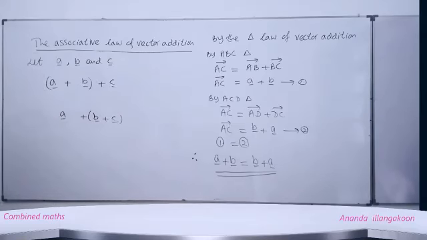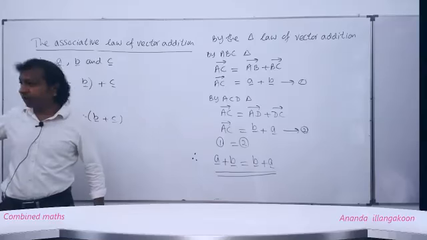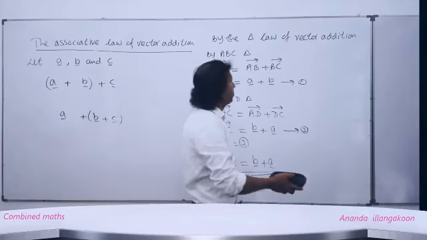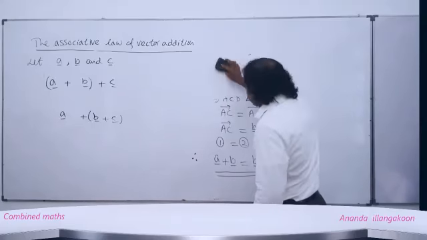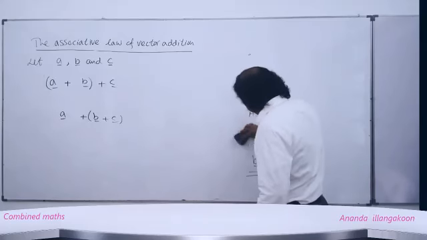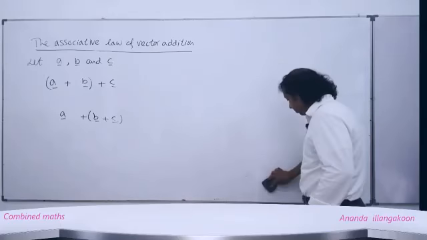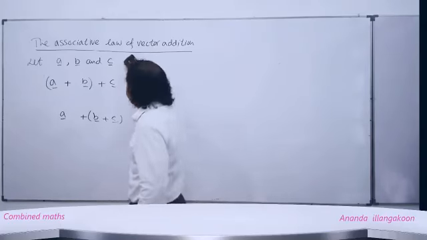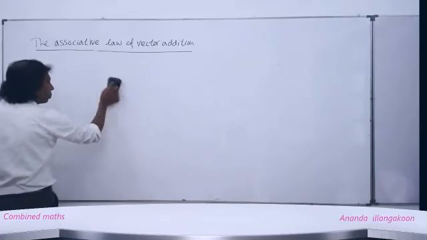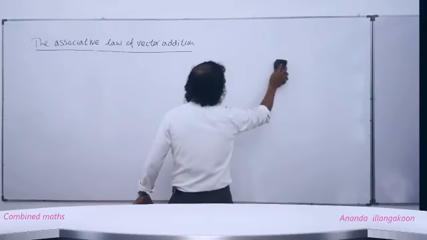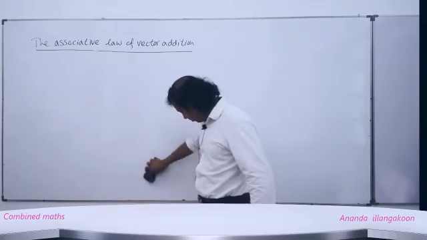The associative law of vector addition is the next subheading, people. Right.